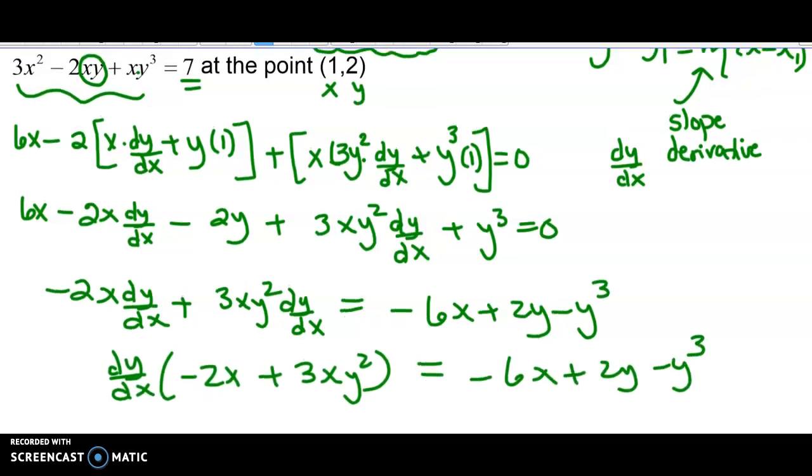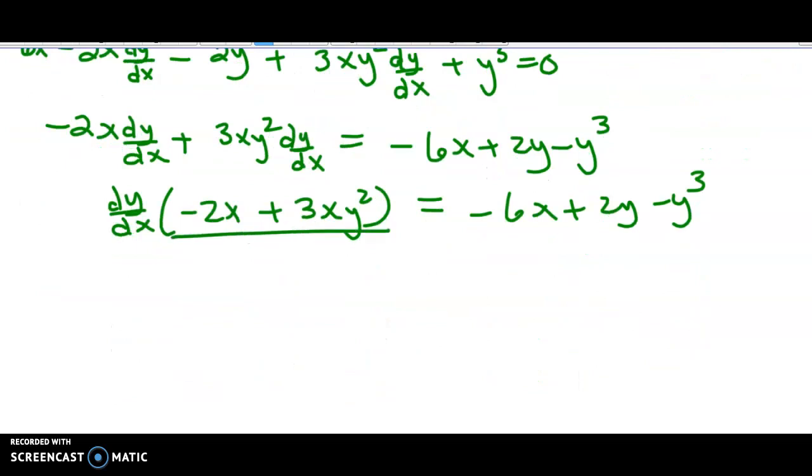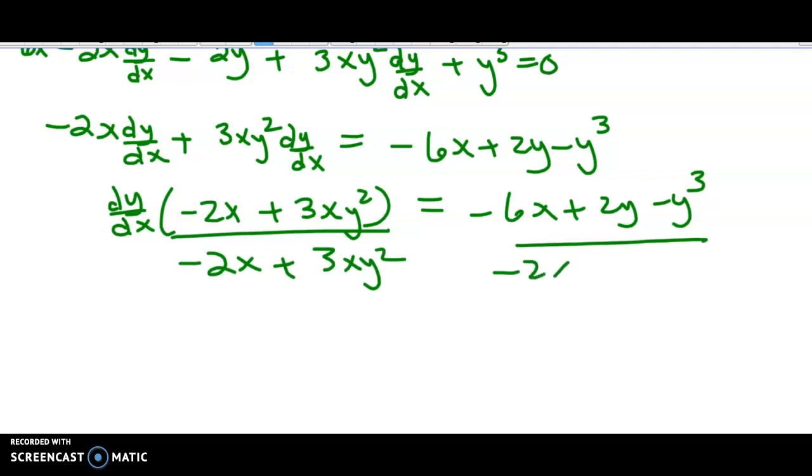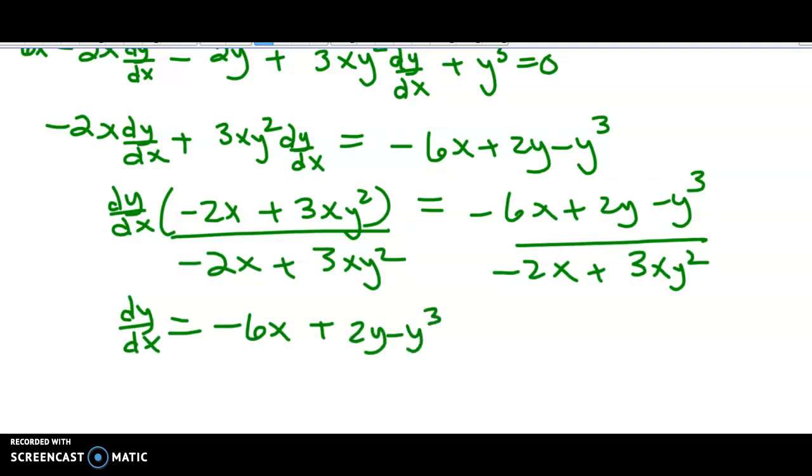And then I will divide to get dy/dx isolated. So do it to both sides. So my final answer for dy/dx will be a combination of these x and y terms.